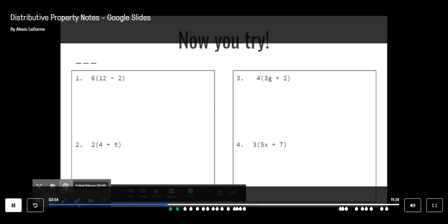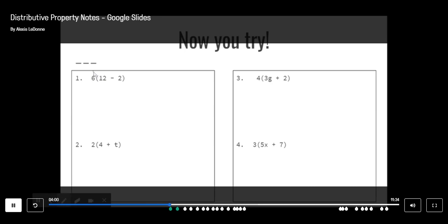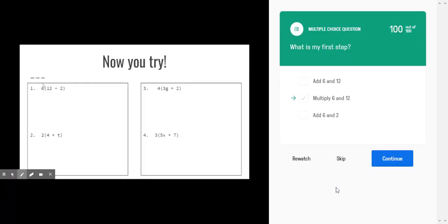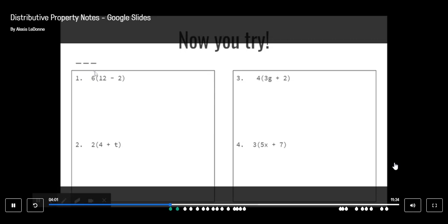All right, so now I want to give you guys a chance to try. So for number 1, what is my first step? Good, I want to multiply 6 times 12, which gives me 72. What would my next step be?